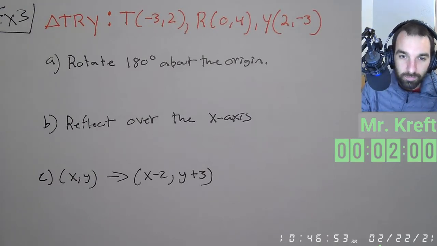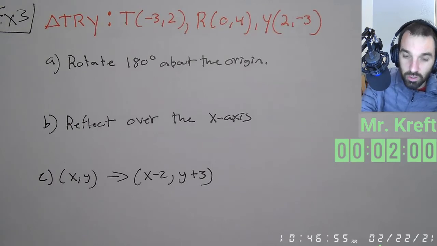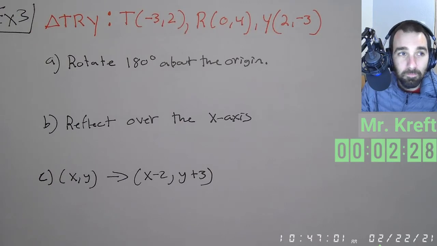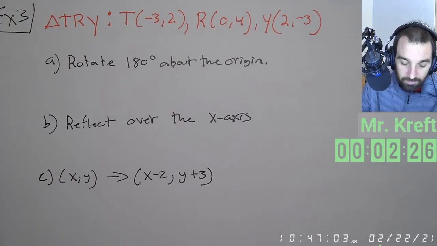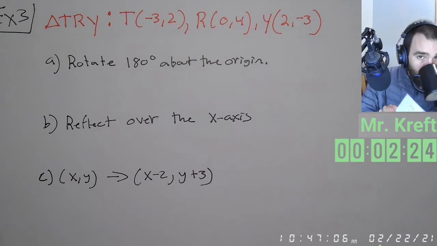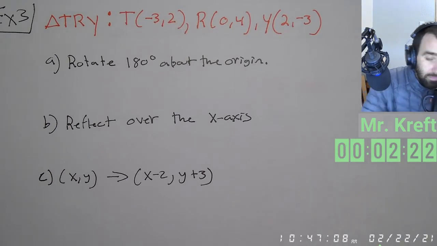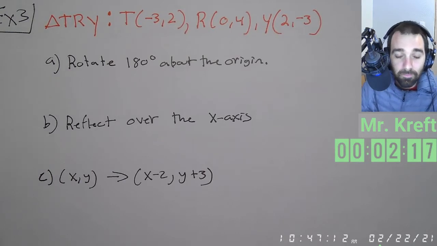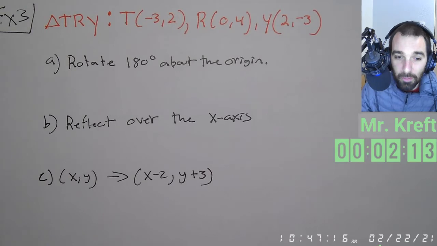I can give you 2.5. But this should go pretty quick since we are just using formulas. And as always, if you guys get stuck or have questions, please let me know.